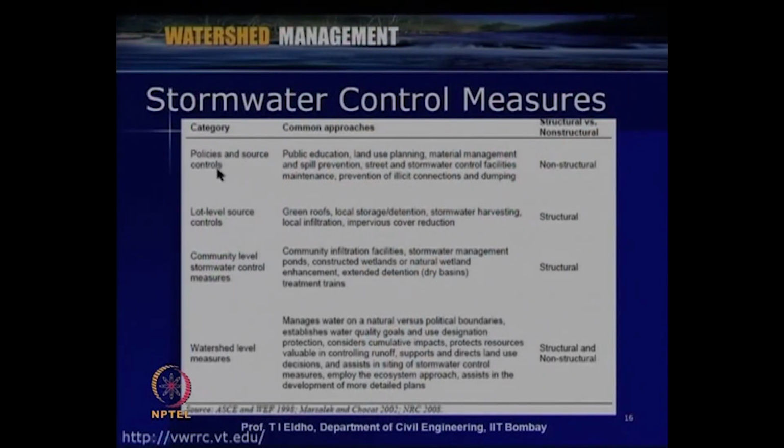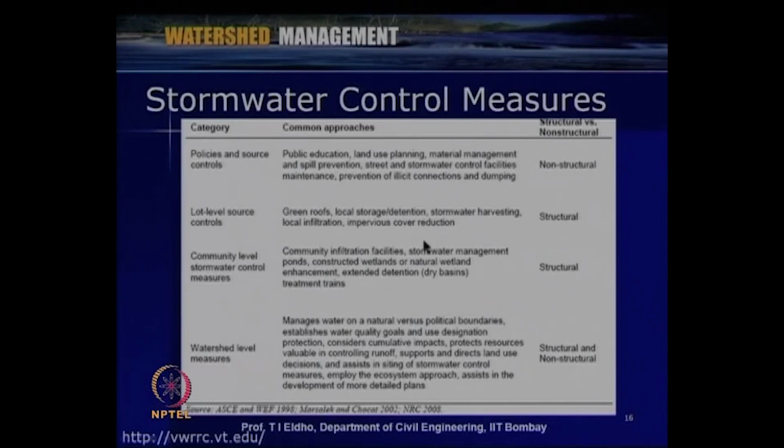As far as policies and source controls are concerned, it can be public education, land use planning, material management, etc. Then, as far as lot level source controls are concerned, we can look for green roofs, local storage or detention, stormwater harvesting, local infiltration, etc. Then, as far as community level stormwater control measures are concerned, we can go for community infiltration facilities, stormwater management ponds, constructed wetlands or natural wetlands.